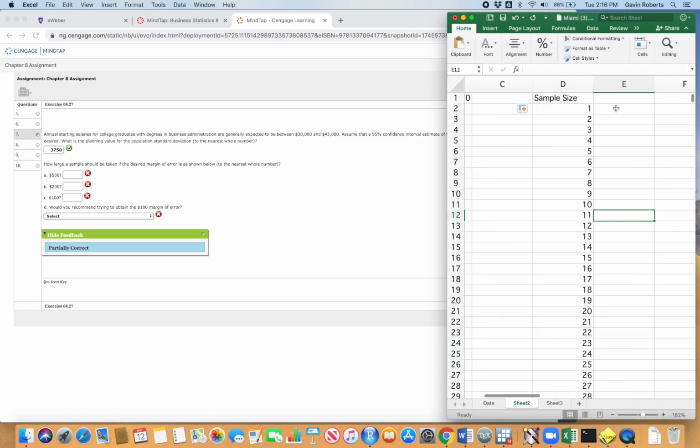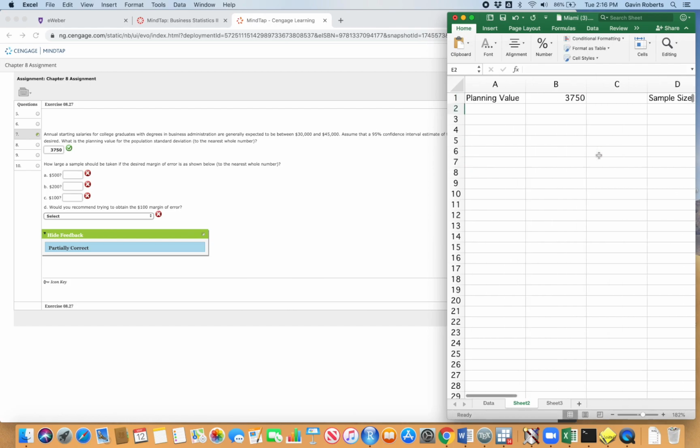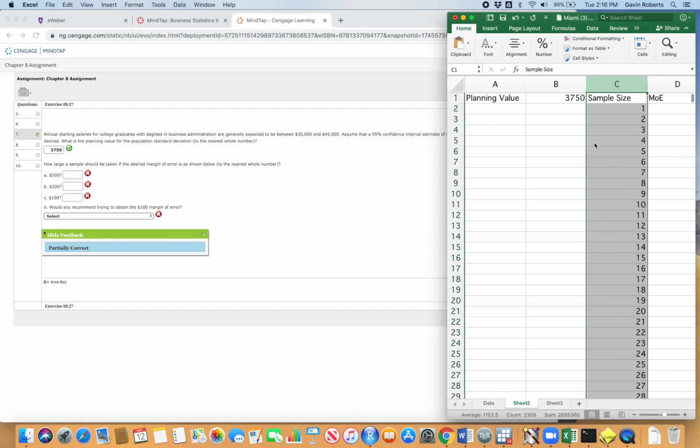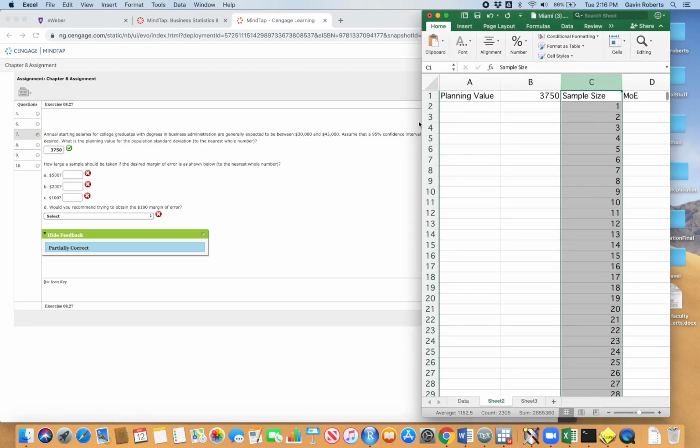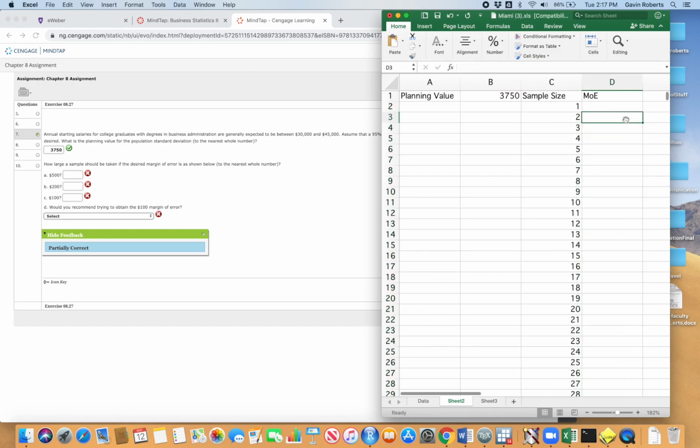What's the margin of error even going to be? Margin of error? Let's do it all in one big chunk. Why do I have this? Do we need that? No. Let's move this over a little bit. So what would our margin of error be if we had a sample size of 1?